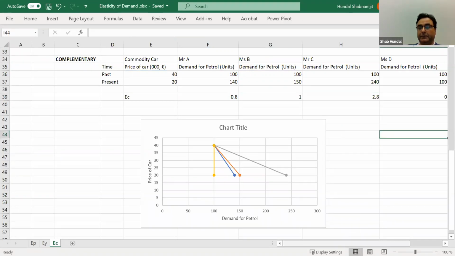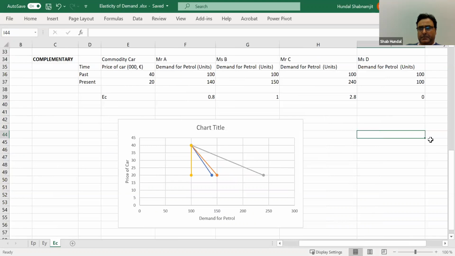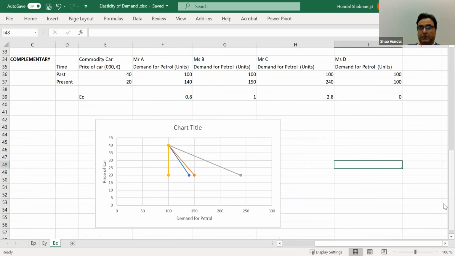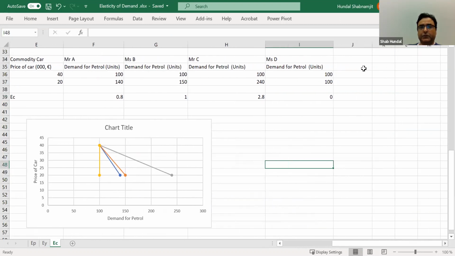And then we have our lovely Miss D. She has no reaction. So you can see that here the yellow line is this. And that's it. And then of course we can have the market demand if you want. But meantime, if you have any question that why the shape looks like this, you can ask me.